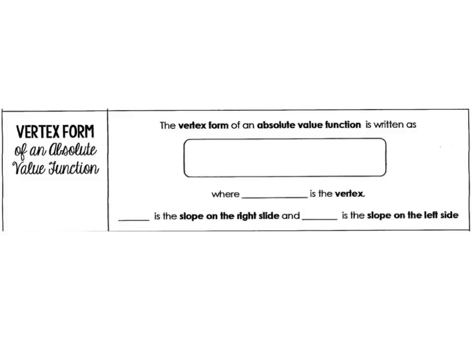So because all of those horizontal and vertical shifts will affect the location of the vertex, we can use something called vertex form of an absolute value function. The vertex form of an absolute value function is written as, all right, there's a special formula you need to know. So we write it as f of x equals a times the absolute value of x minus h plus k.